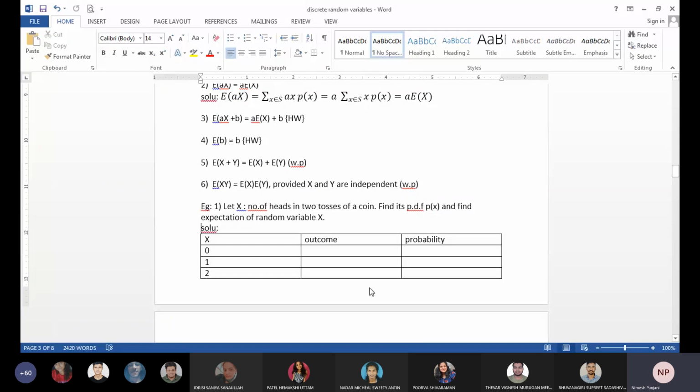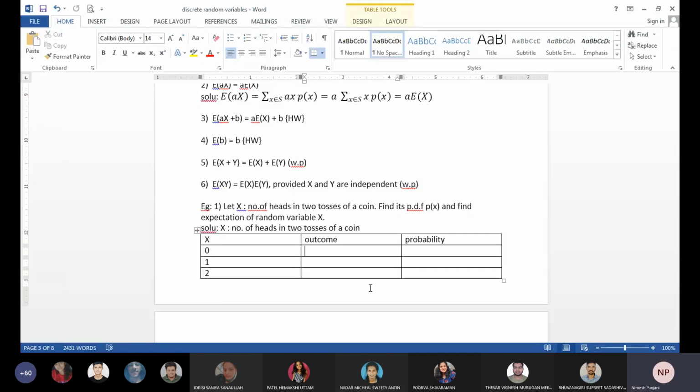So what is given about x? X is the number of heads in 2 tosses of a coin. 2 tosses of a coin and tossing one coin 2 times are considered to be the same experiment.